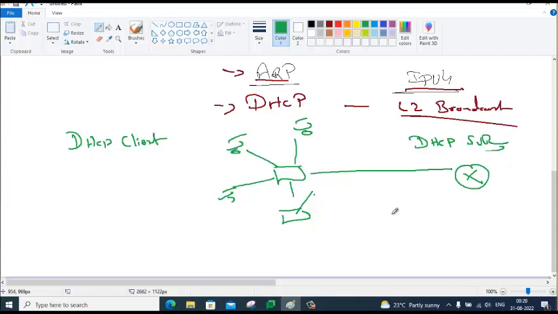So we rely on DHCP service. What happens is, as soon as we turn on these 4 devices, all these 4 devices are going to send the very first packet called discover. These are all clients. So we configure these as clients.